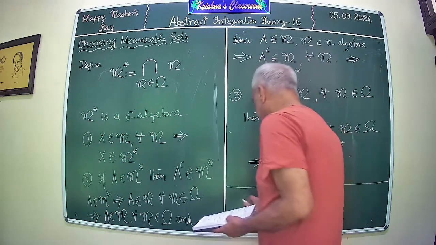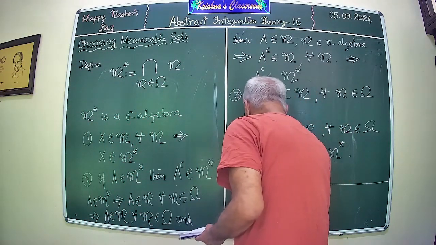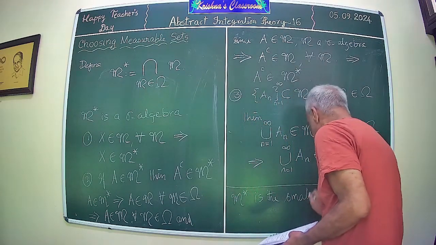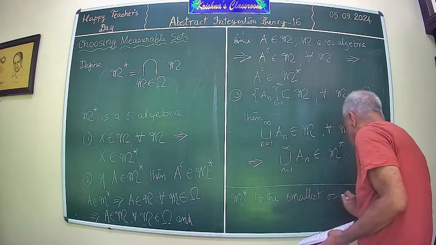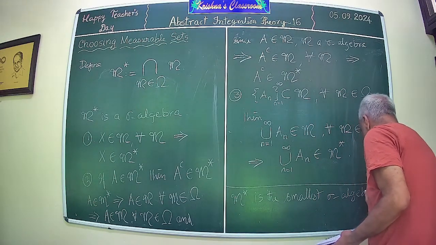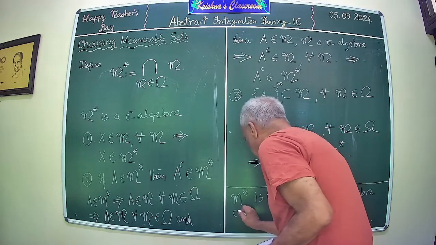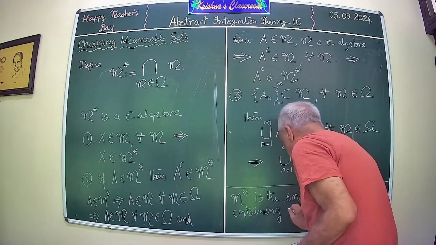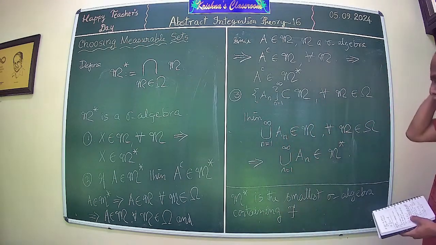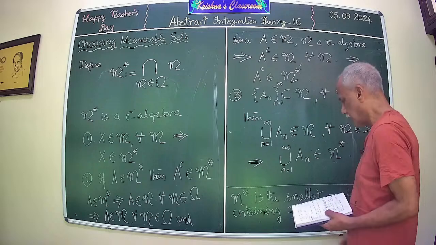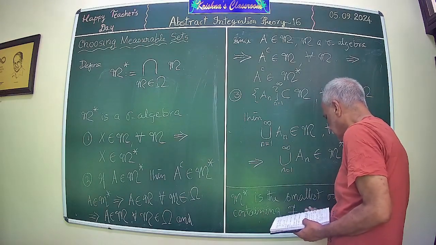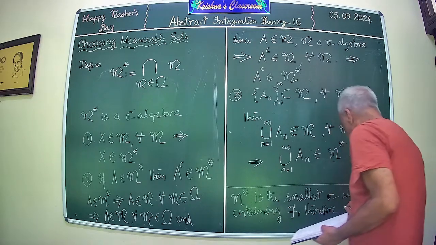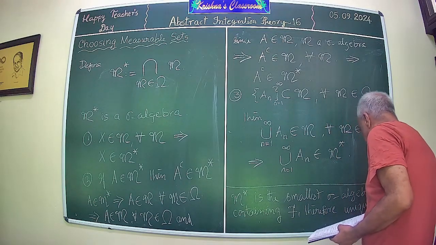So M star is the collection of sets F, unique.